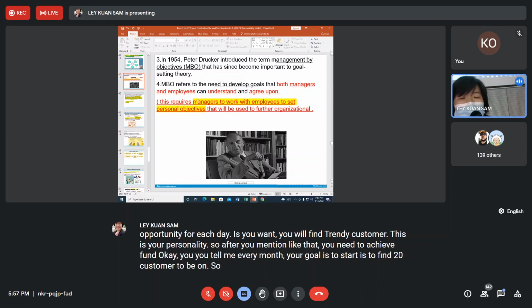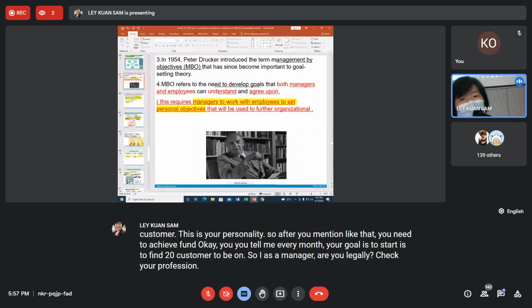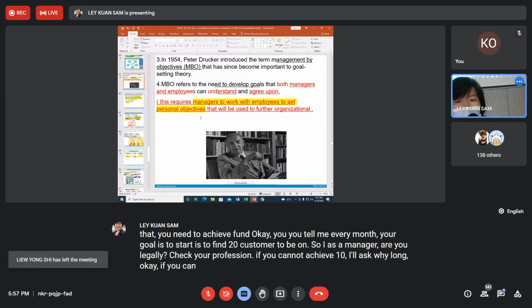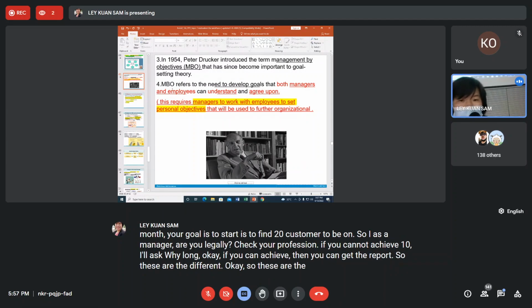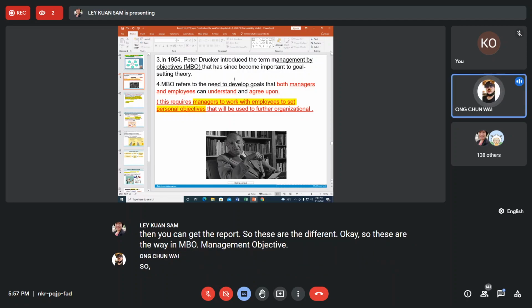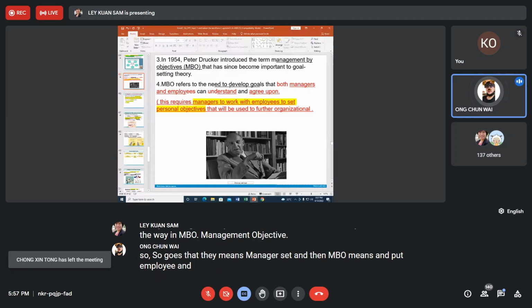So as a manager, I will regularly check your progress. If you cannot achieve it, then I will ask why. If you can achieve it, then you can get the reward. So these are the differences, the way in MBO, management by objectives. Goal setting means the manager sets, and MBO means the employee and manager set together.